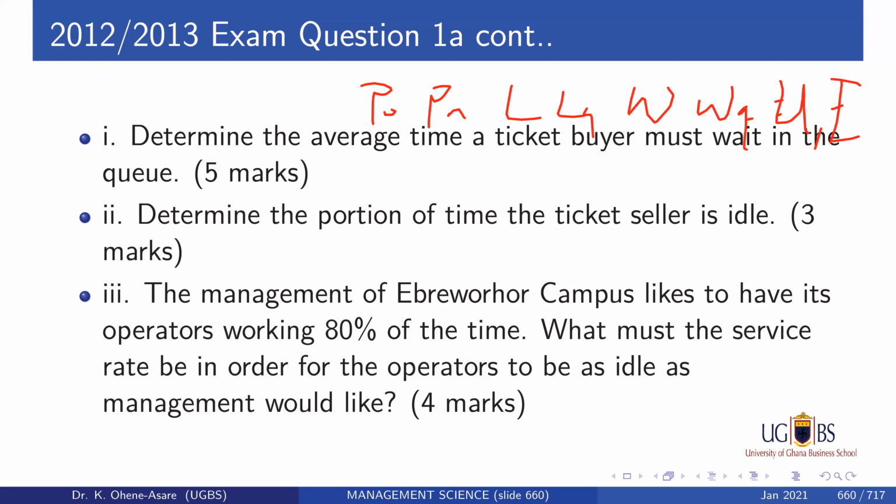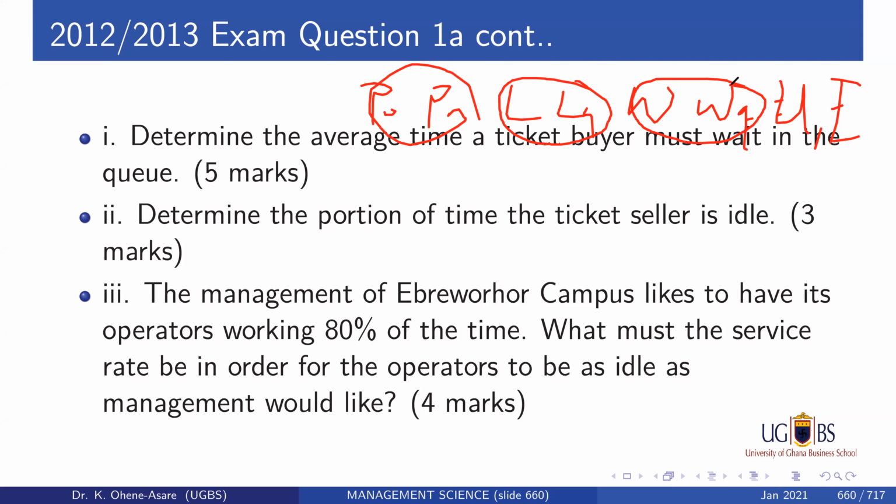When we were talking, I told you that some of these deal with the probabilities, these deal with the number of customers, and these W deal with the times. And now we are telling you the time the ticket buyer must wait.